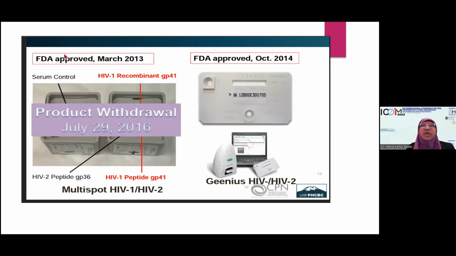Okay, so we remember looking at the multi-spot, and the results were actually quite good, but unfortunately it was withdrawn. I'm not quite sure why, still don't know, but maybe it's a manufacturer issue. In the end, we looked into this particular assay, which is called Genius HIV-1/HIV-2.